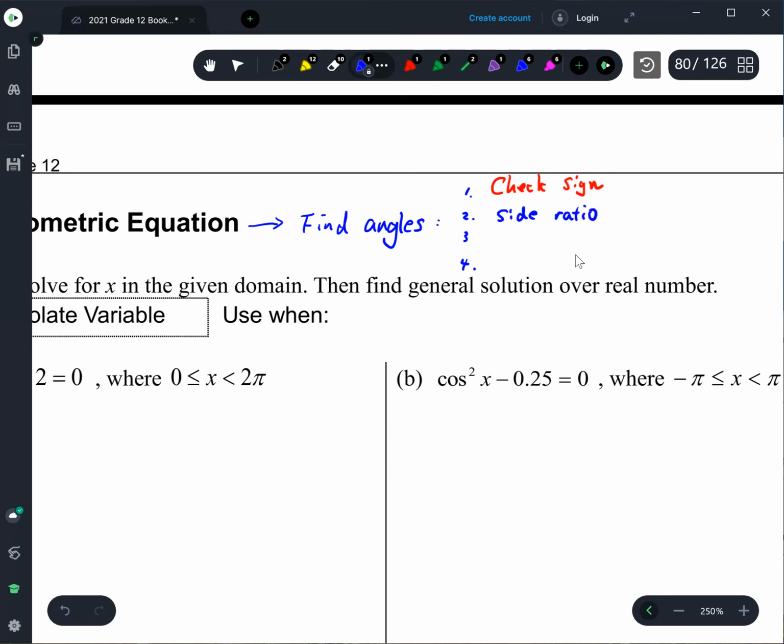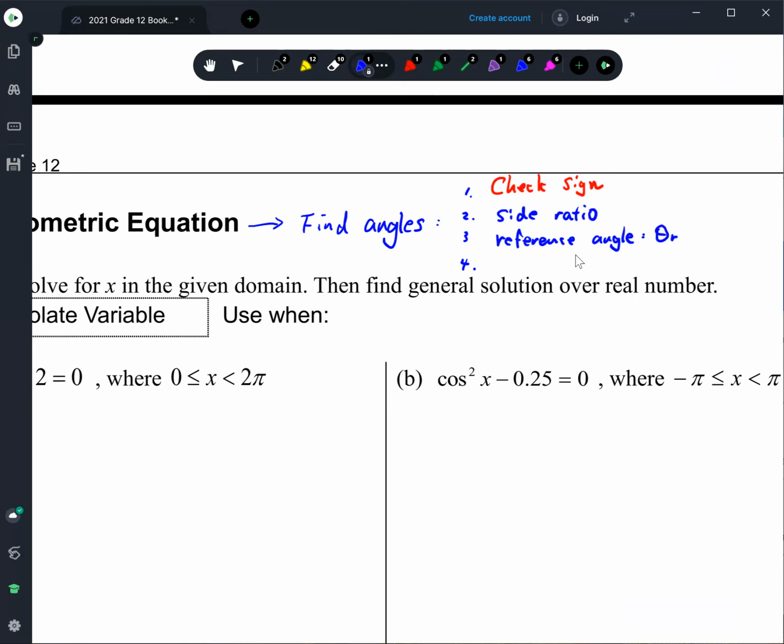Anyone else? Only 2 people remember the steps. Okay, Daniel. Reference angle. Yeah, very good. Reference angle, we use theta r to represent. Last step, what will be the last step?